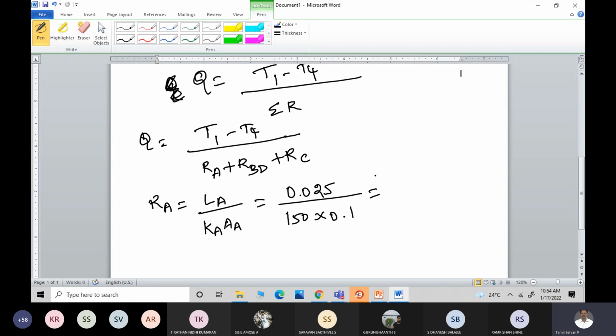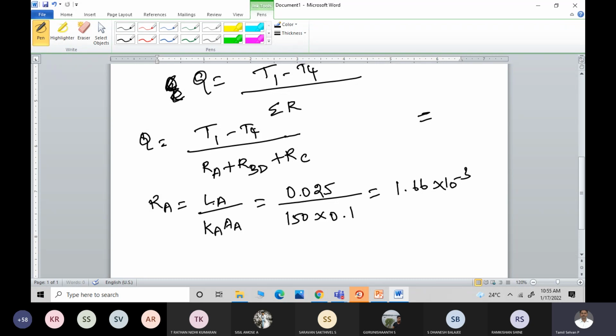So how much is the resistance? 1.66 into 10 power minus 3. What is the unit? K per W, W by K. Is it correct?